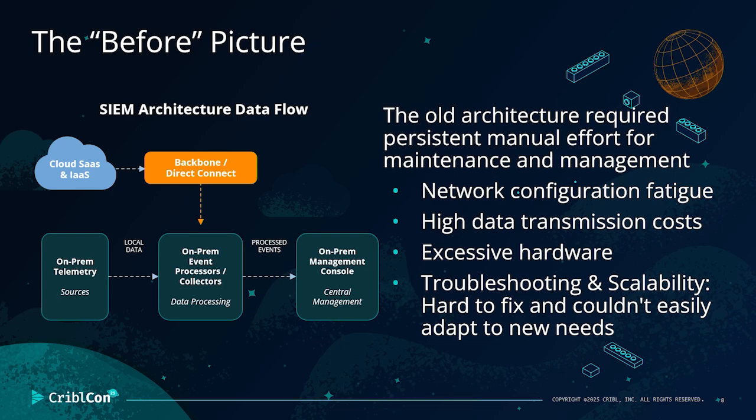So we had all of our SaaS solutions, all of our on-prem solutions, and we had to deploy, at that time, event collectors on different data centers, on different network segments. The transmission of data, depending on which part of the network you had those event collectors or event processors, will also hinder the capabilities to scale. And by scale, I mean when you need to connect those data sources.